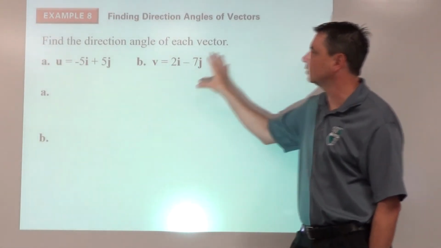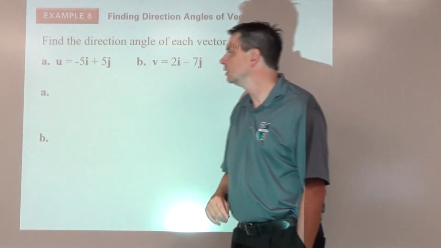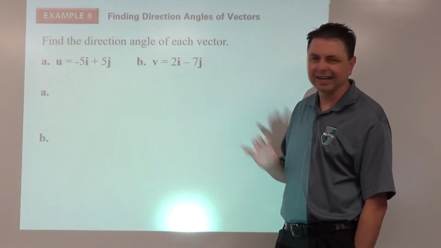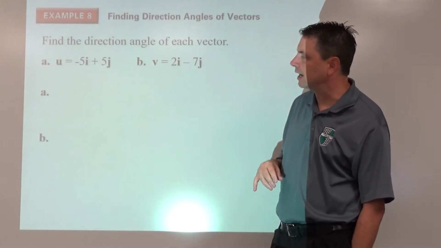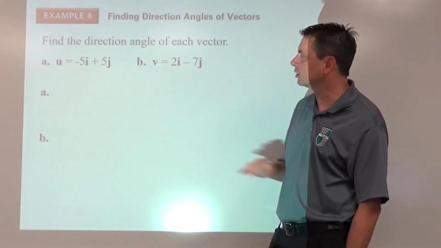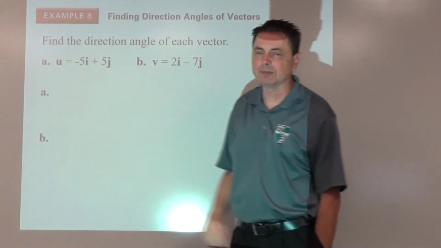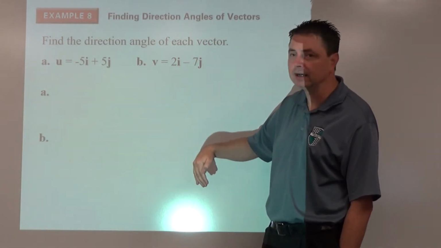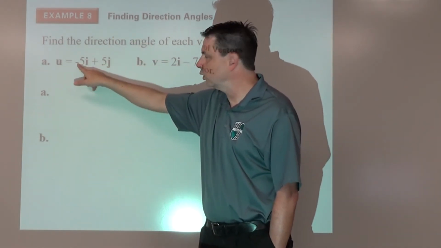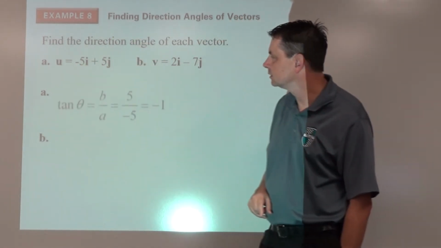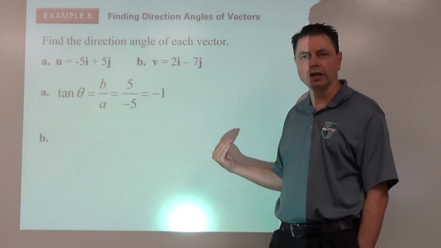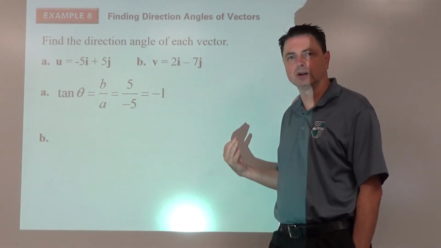Find the direction angle of each vector. There we go for vector u, which is not a unit vector. We can tell the magnitude would not be 1 there. But that's irrelevant. We could say tangent theta would be 5 over negative 5. So tangent theta is negative 1. I don't think we need a calculator on this one.